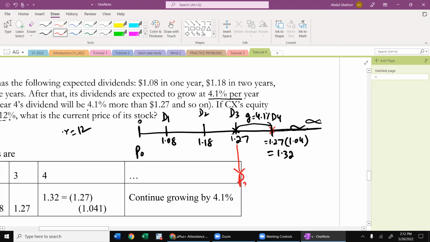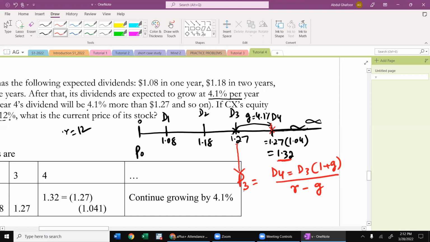P at year 3 is equal to D4, which is D3 times 1 plus G, divided by R minus G. Because the growth has started from year 3 and you are going to get D4, that will be a higher dividend compared to this one.